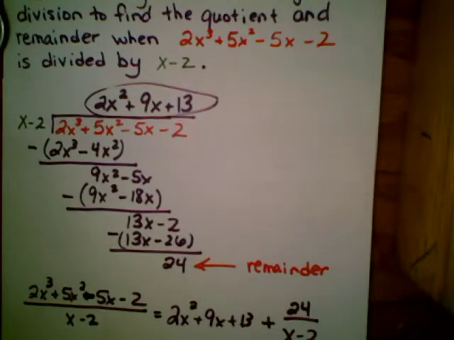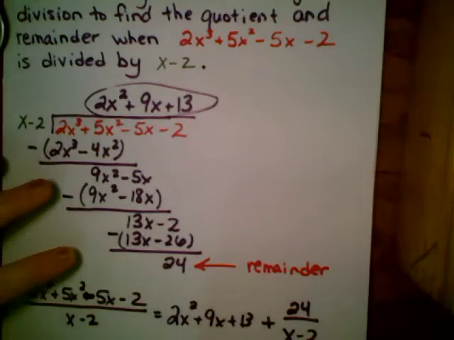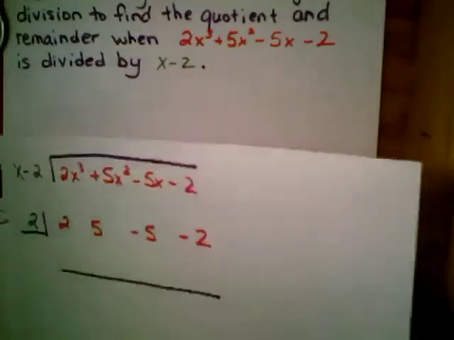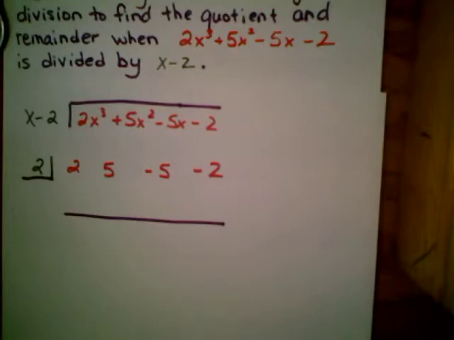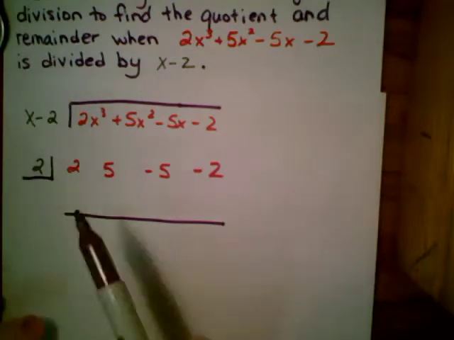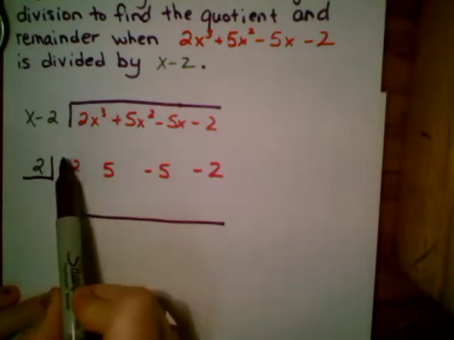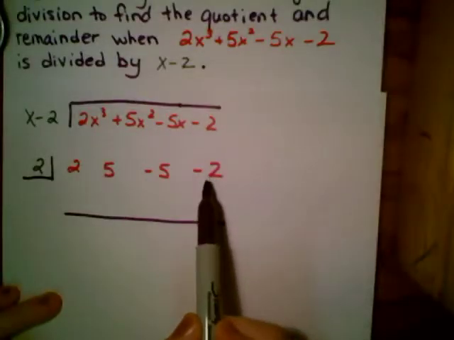Right, so proceeding into minute 4, we're going to compare the long division method of finding a quotient to the synthetic division method, where we end up just organizing and writing down the coefficients of each polynomial. So that red dividend, we just write down the 2, the 5, the negative 5, and the negative 2.